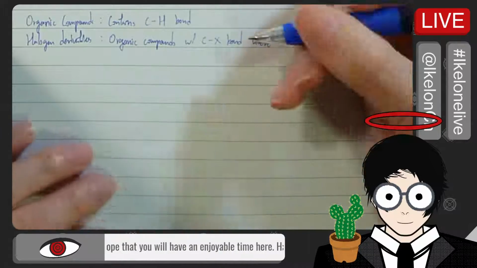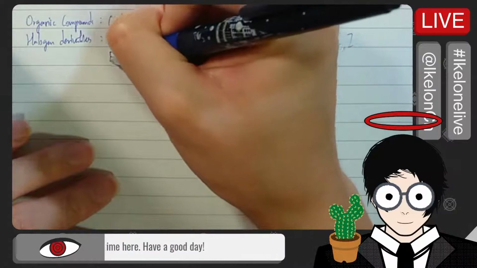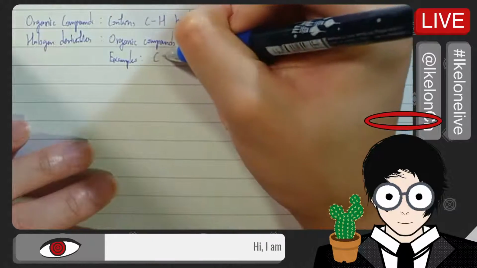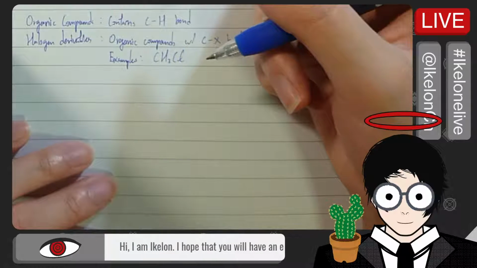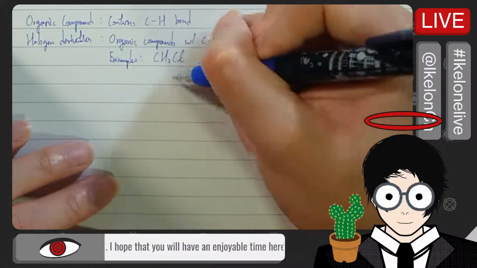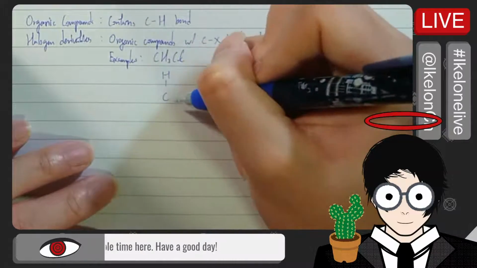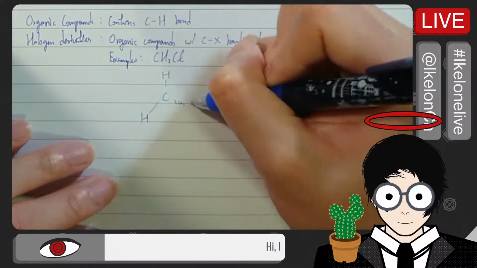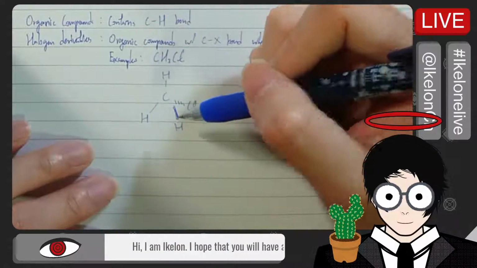Some halogen compound examples: CH3Cl, or is this CClH3? Well, it doesn't matter, but this would look like this. So this would be a halogen compound.